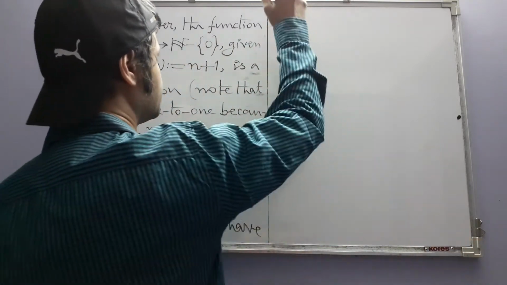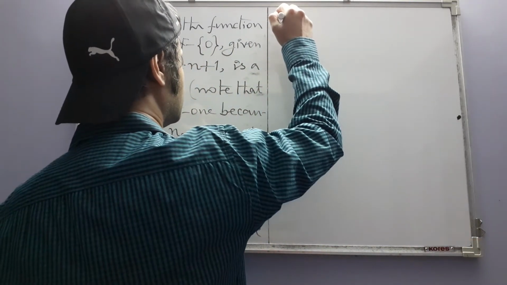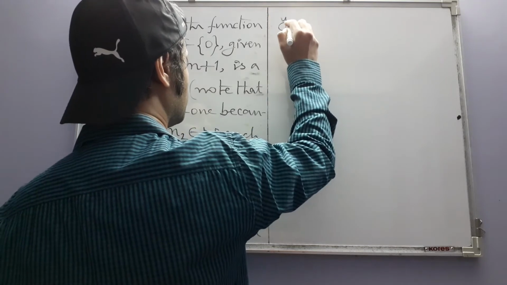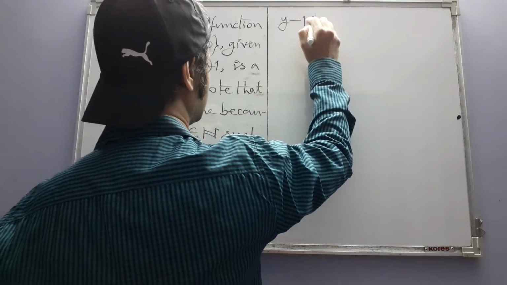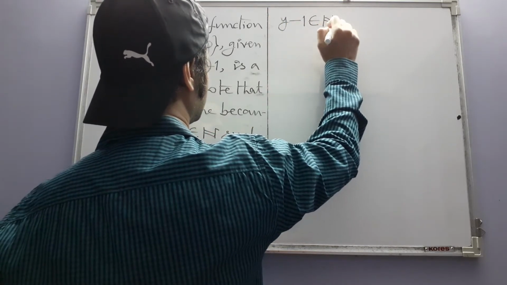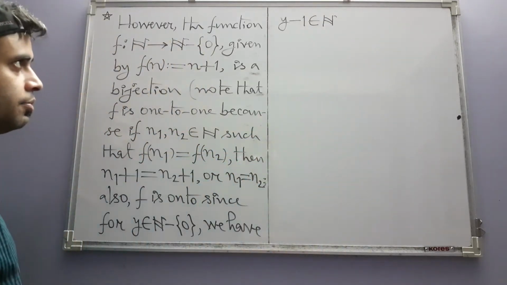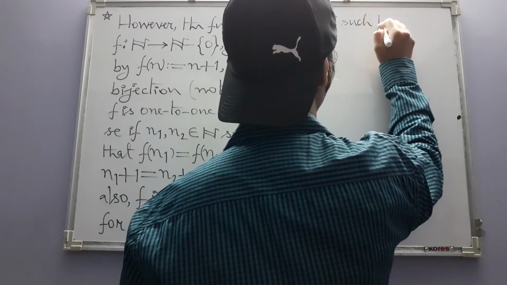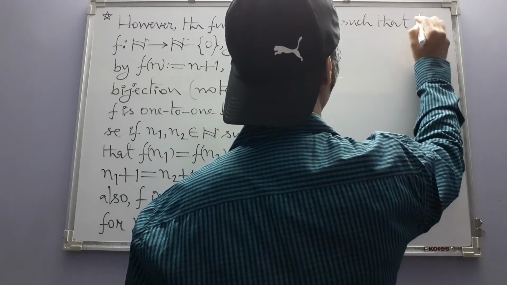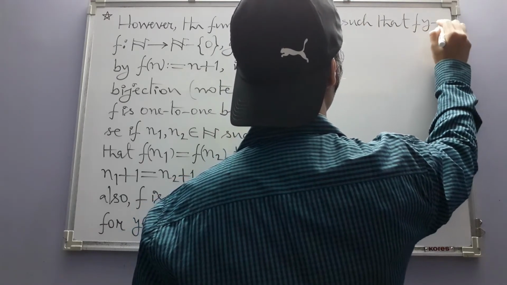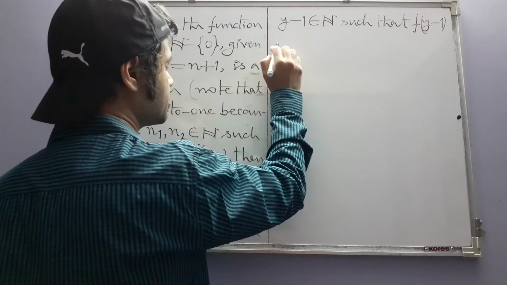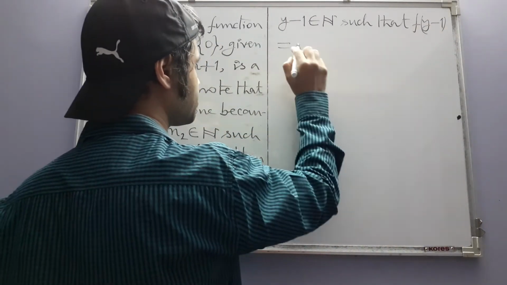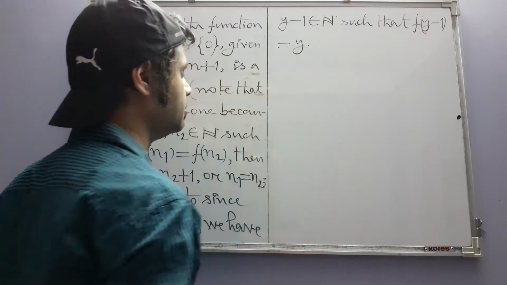We have y minus 1 belonging to N such that f(y minus 1) is equal to y minus 1 plus 1, so that means you would get y.